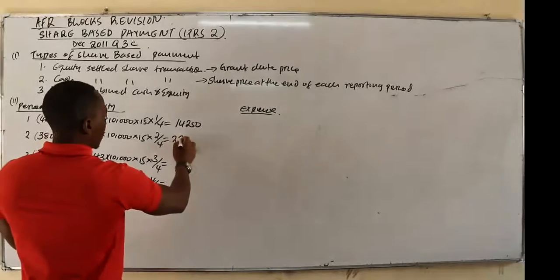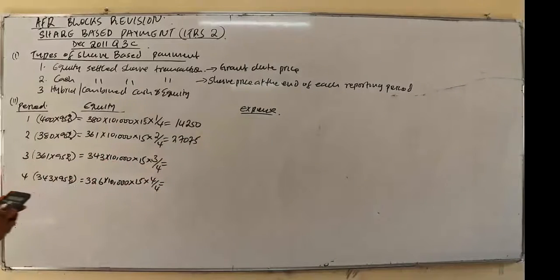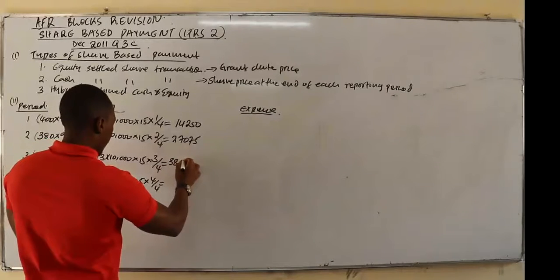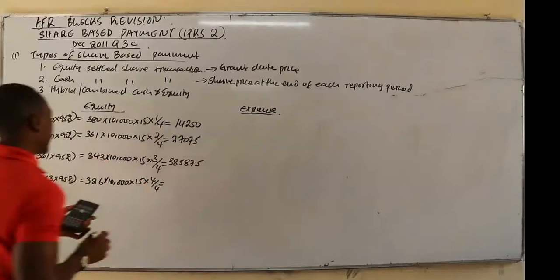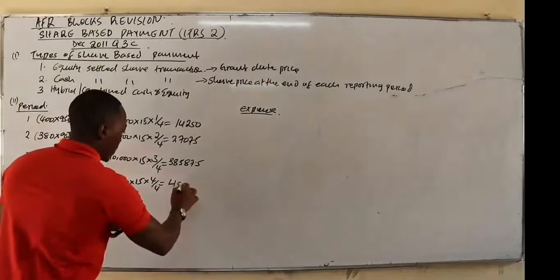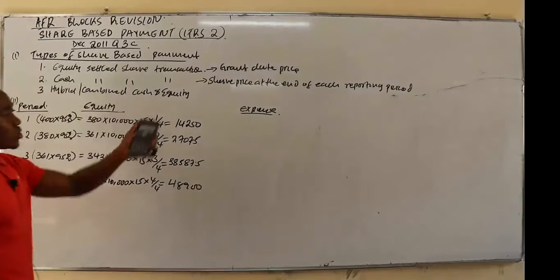Then half is 27,075. And then 587.5. So what do you take to the expense?